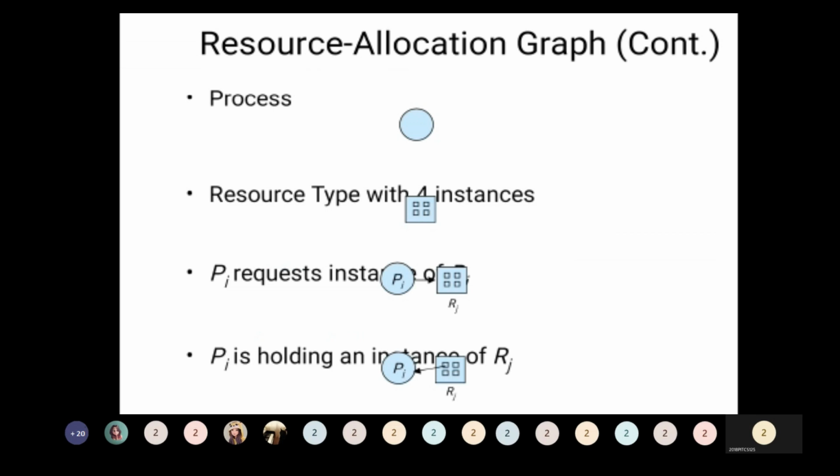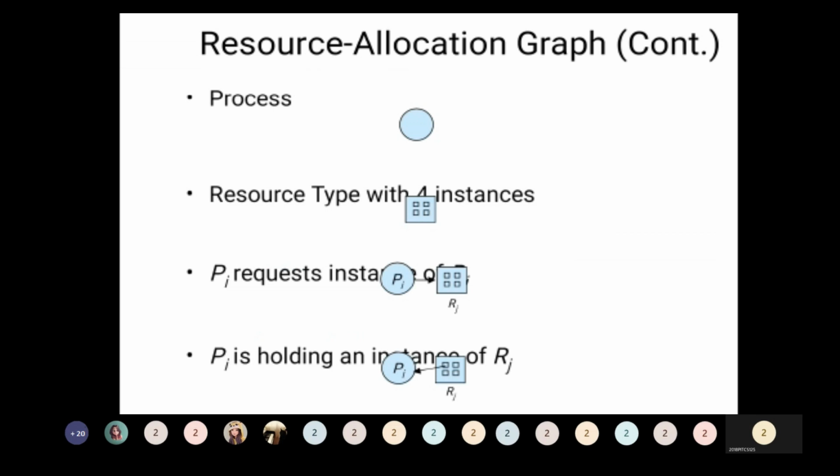In this case, the resource type has 4 instances, as there are 4 small squares within the big square. Next, Pi requests an instance of Rj, which is indicated like this. Process Pi is within the circle. Resource type Rj instance will be shown as a square.